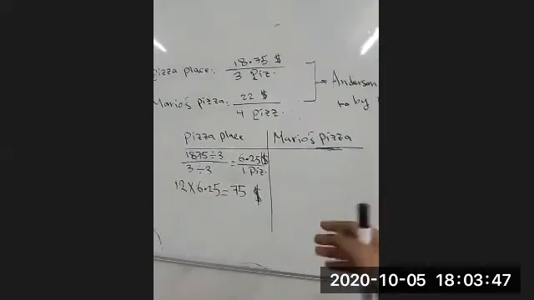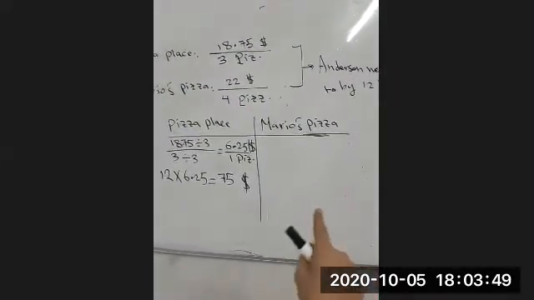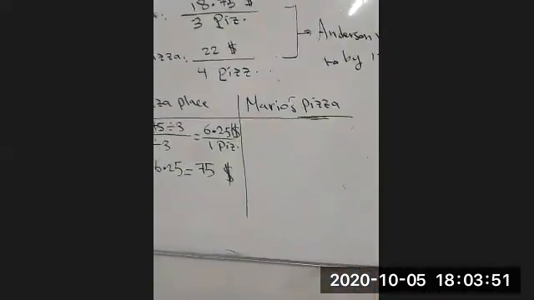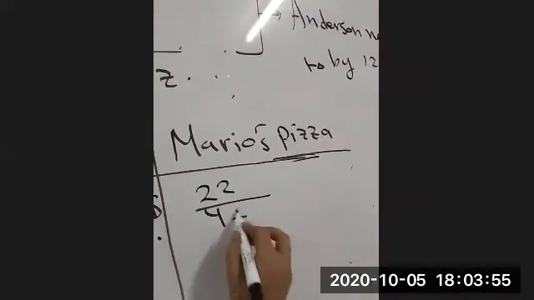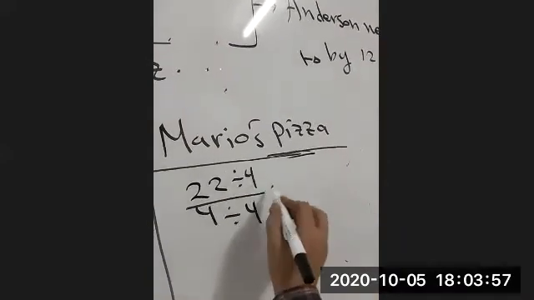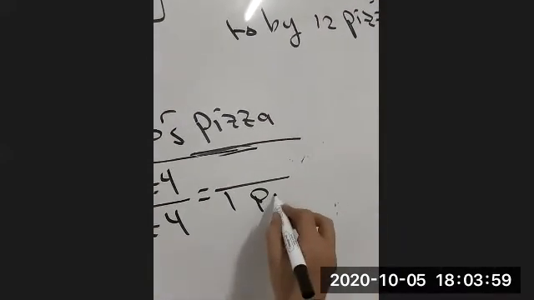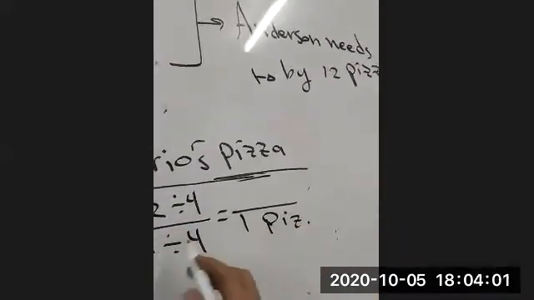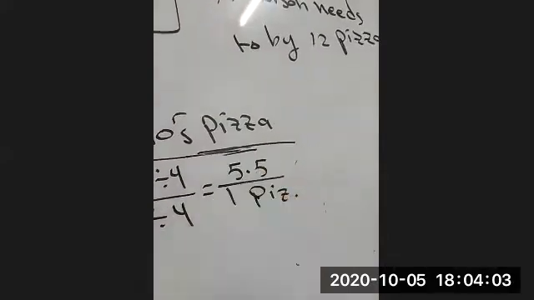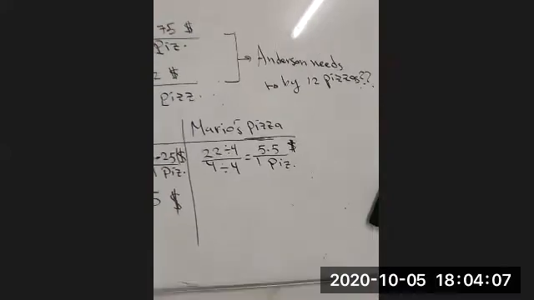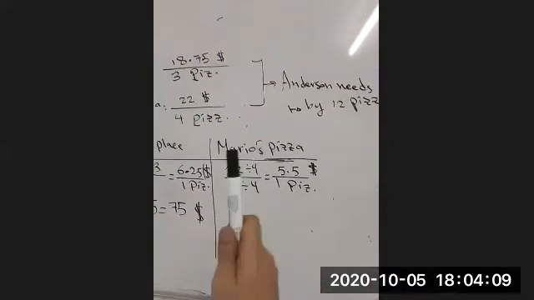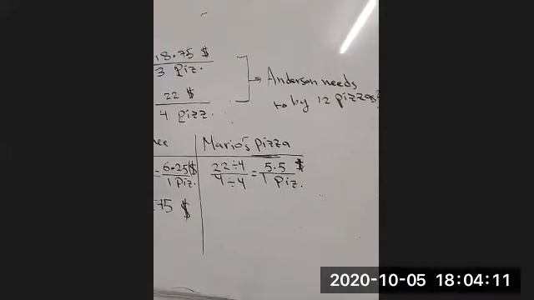Using the same steps, I will turn it to unit, then multiply. Got it? Let's go: 22 over 4, divided by 4, divided by 4. Down will be one pizza. And 22 divided by 4 is $5.5. So the price of one pizza in Mario's Pizza is how much? 5.5.